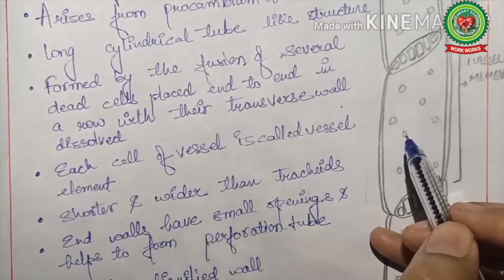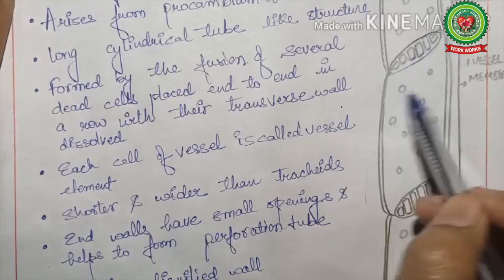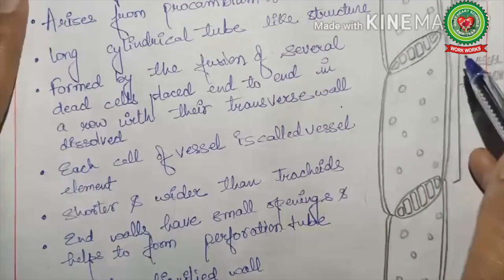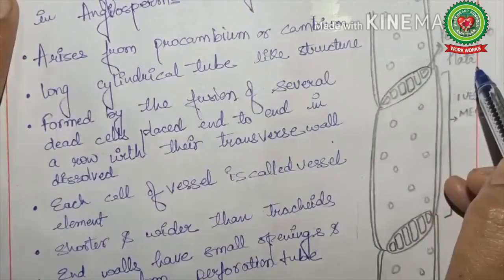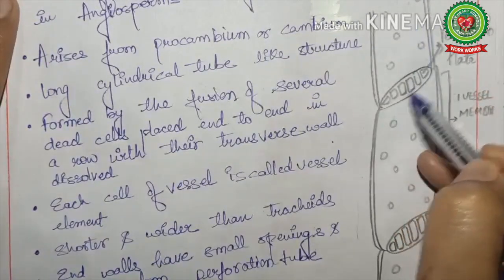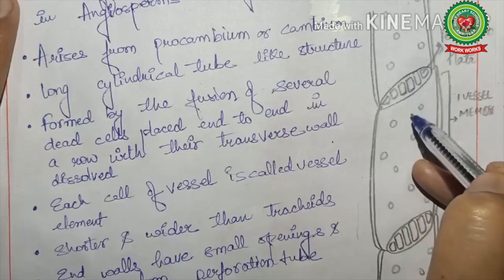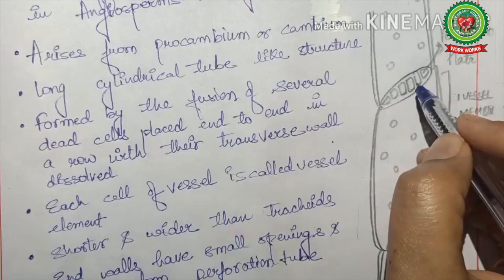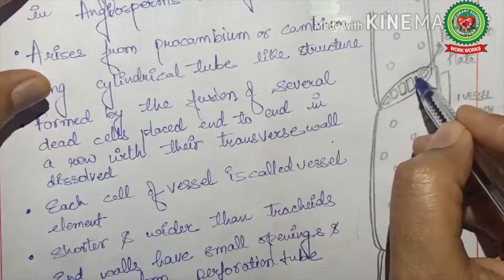Now, here you can also see that xylem vessels are broader than tracheids and they possess a specific feature of perforation plates. This is the structure. Actually, this is a transverse wall between two vessel cells. Here, due to the dissolution by cellulase and pectinase, pores are created.